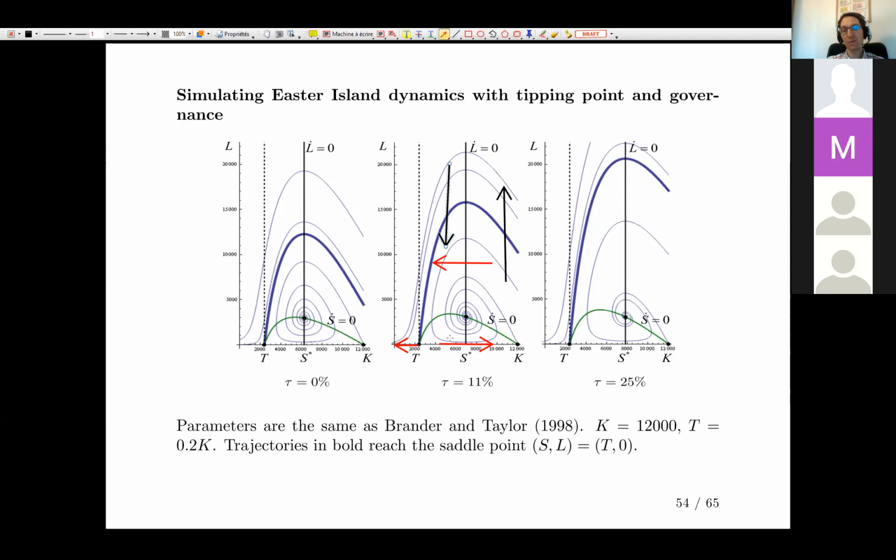And if I'm in that region, it's going to point down and right. So my spiral looks like this. And if I'm lucky, then I can get to this stable island, where S dot is 0 and L dot is 0, and people do not die.